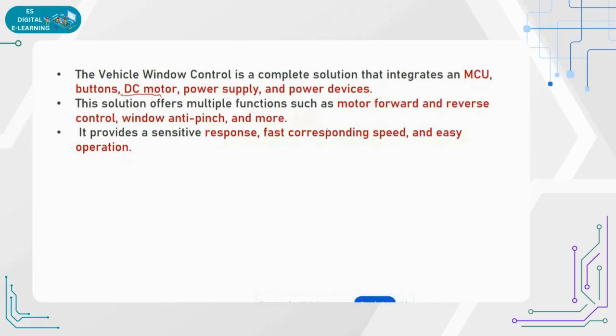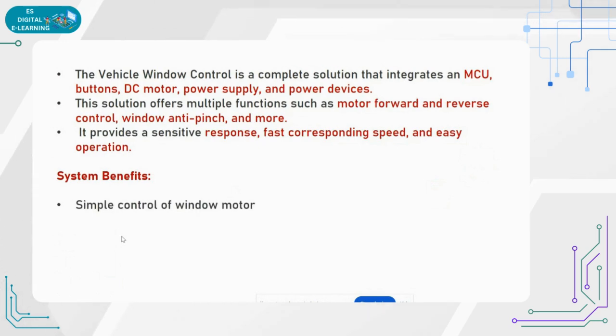Whenever the motor rotates forward, the window rises up, and whenever the motor rotates anti-clockwise, it goes down. That is operated internally in the door, and it should give a fast response, because whenever we give input to the doors, it should operate very quickly.